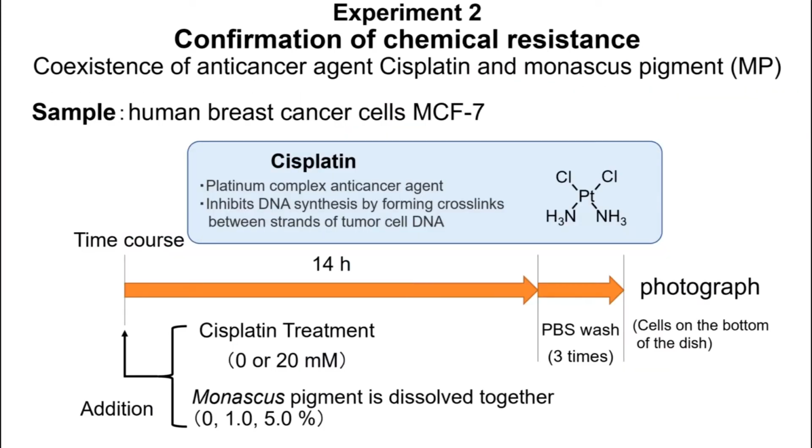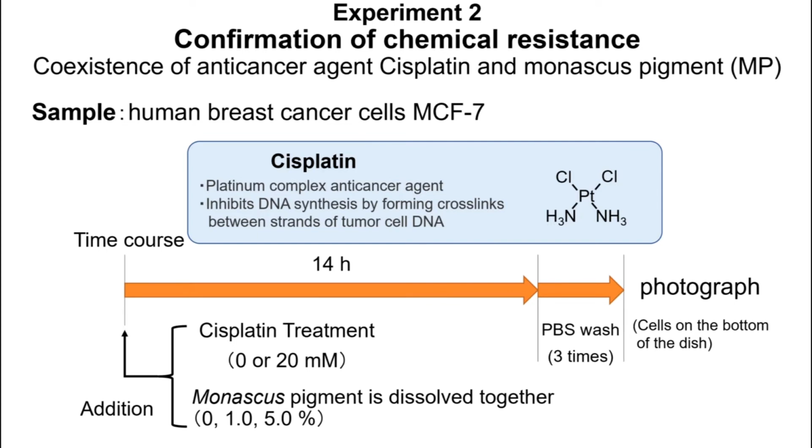Next, in order to confirm whether the monascus pigment has chemical resistance, a viability assay was performed in the presence of the anti-cancer drug cisplatin.